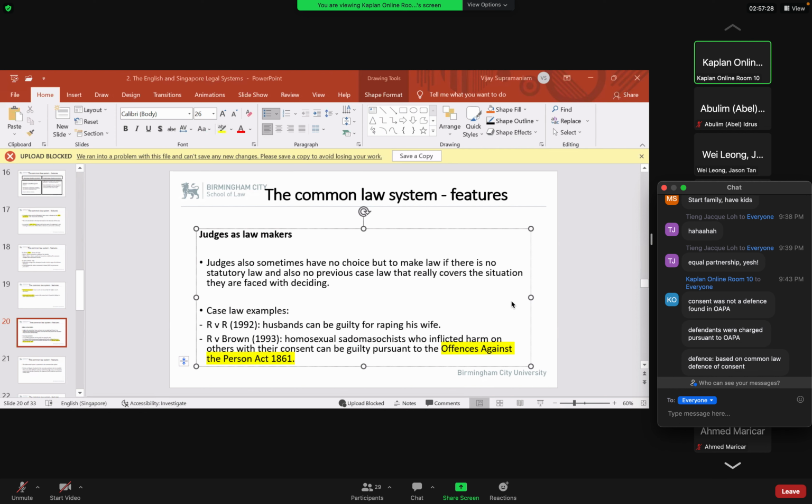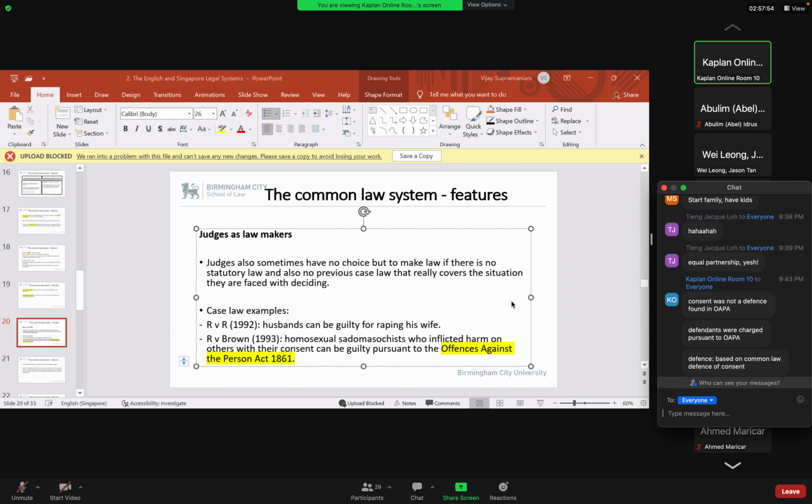So this is how common law can be sophisticated. Sometimes a person is charged under the statute law, but the defenses you want to rely on cannot be found in the statute law. You will actually rely on a common law defense. When you do, the judges will have to decide if these defenses are applicable or not.